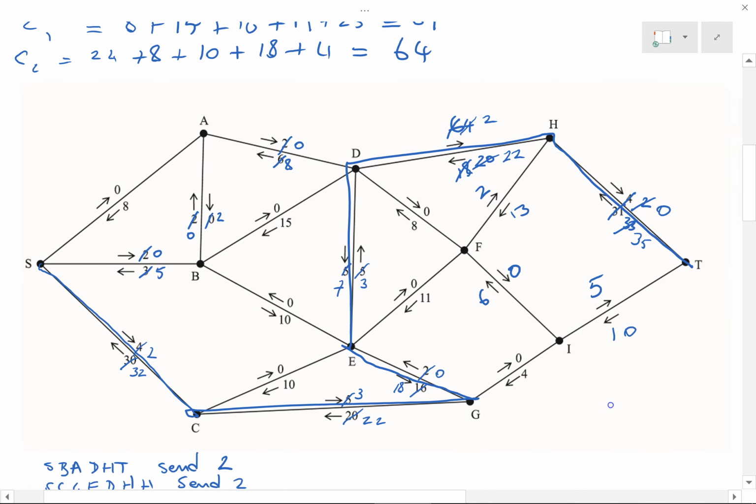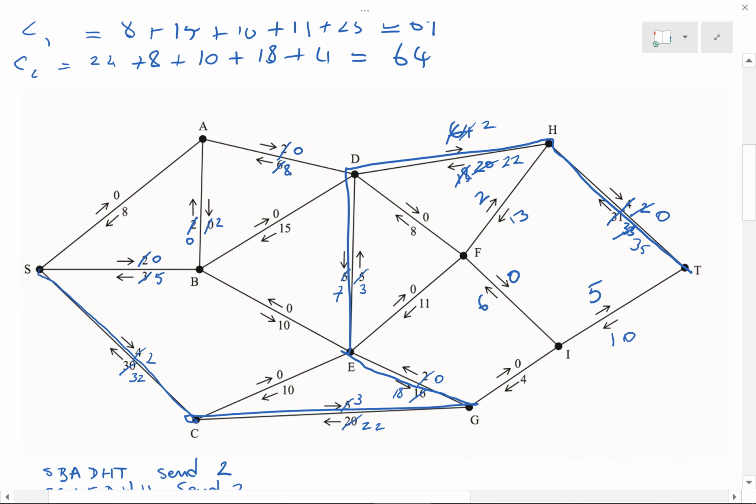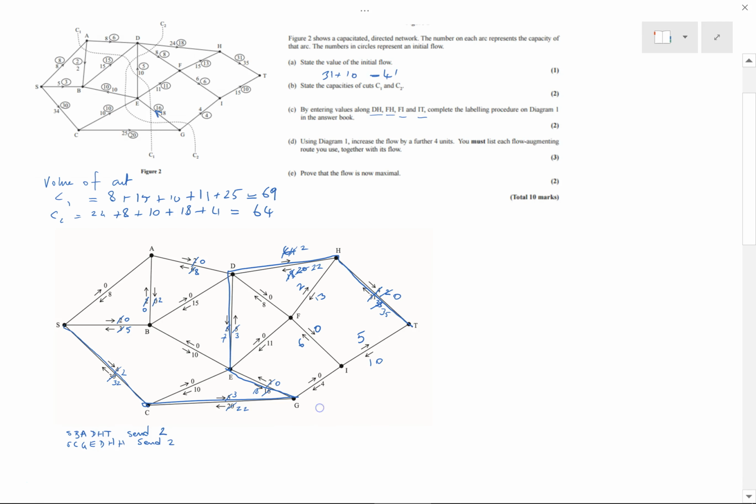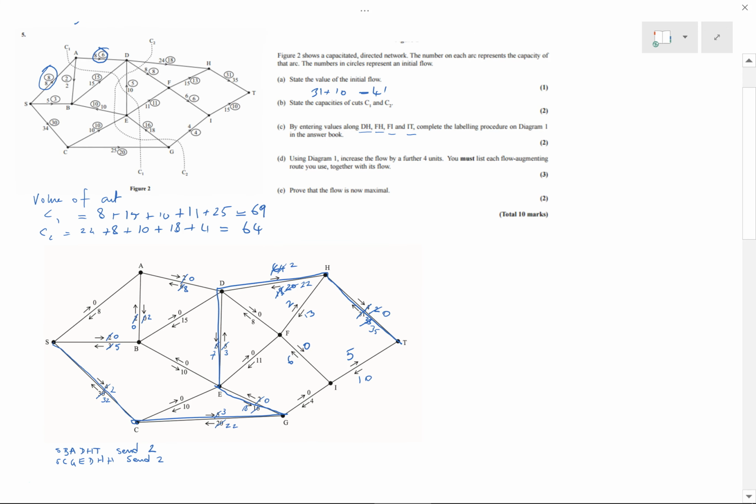Okay, so let's look at what's at capacity. Let's look at the ones that are at capacity here. I might refer back to my original diagram again. Okay, so this again was at capacity before, and it still is now. This has now become at capacity because it's now got a flow of 8. This is capacitated, that's 15.